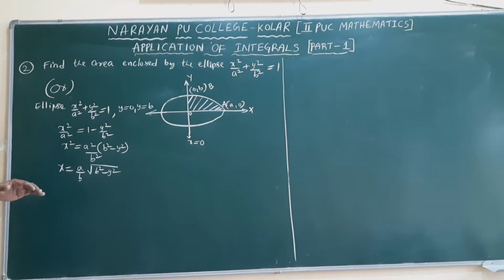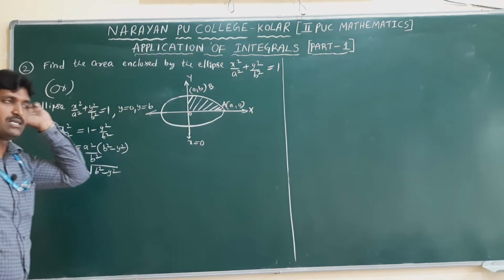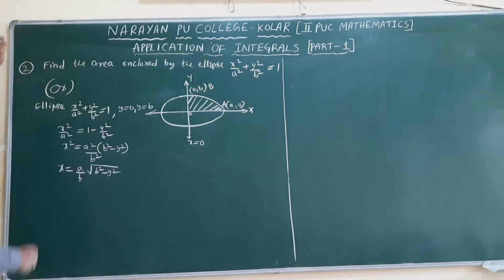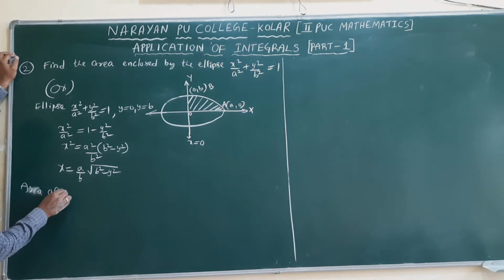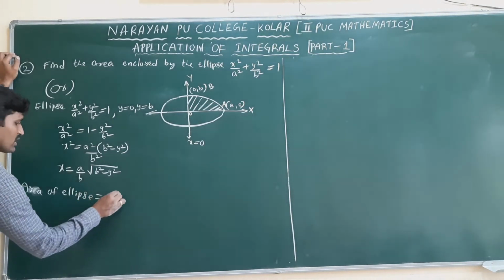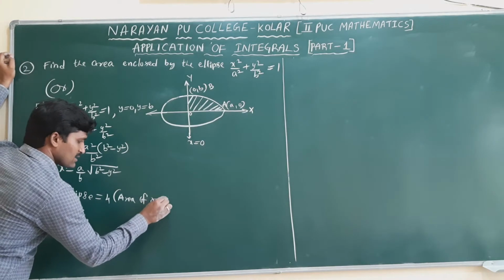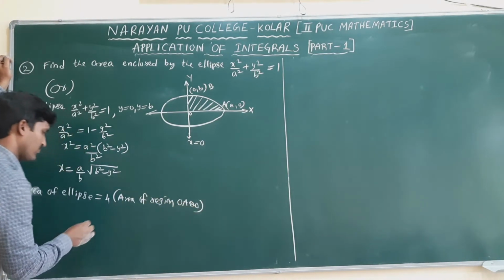Now we are doing the integral with respect to the y-axis. Since we took y limits, we got x completely in terms of y. Now the area of the ellipse, we need to get pi ab again. Area of ellipse equals 4 times the area of the same region OABO.